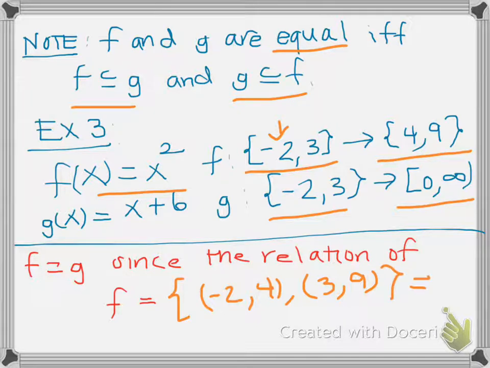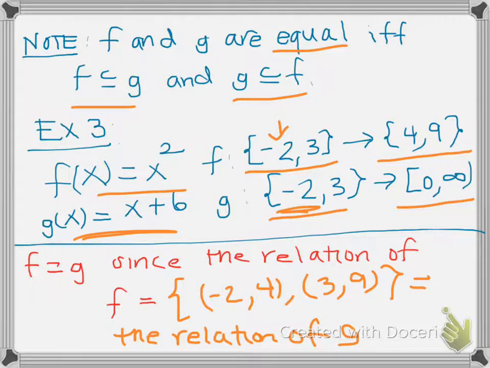Well, if you look at the relation of g, you'll get the same thing. Because when x is negative 2, negative 2 plus 6 is 4. So that's that first ordered pair. And when x is 3, 3 plus 6 is 9.